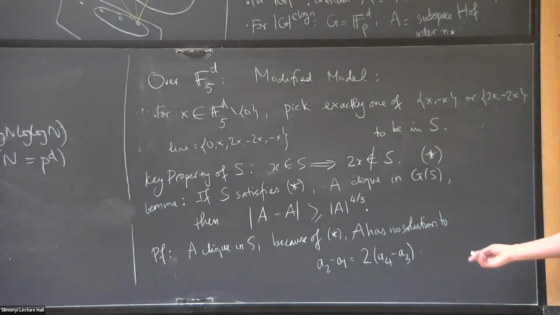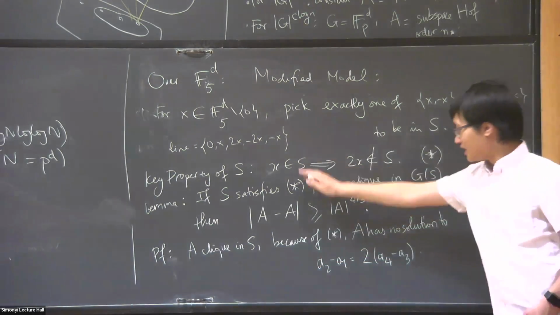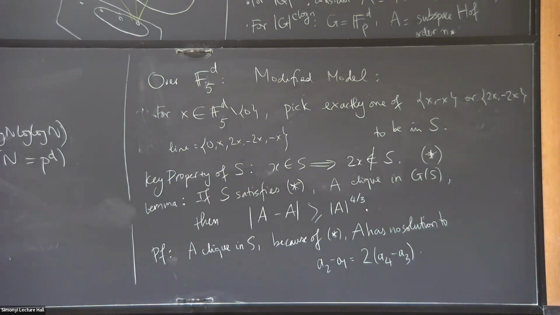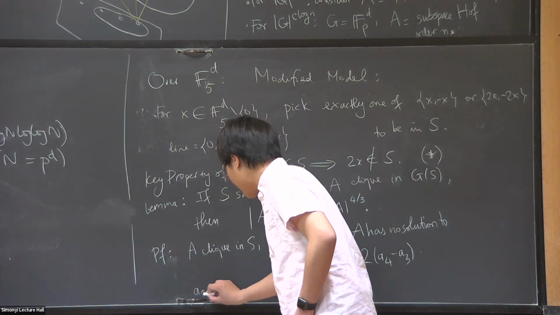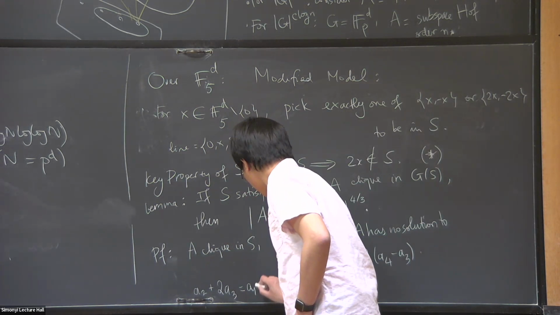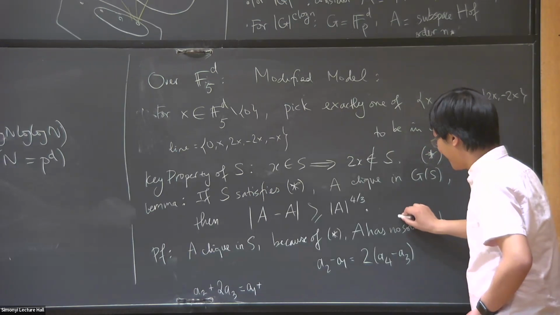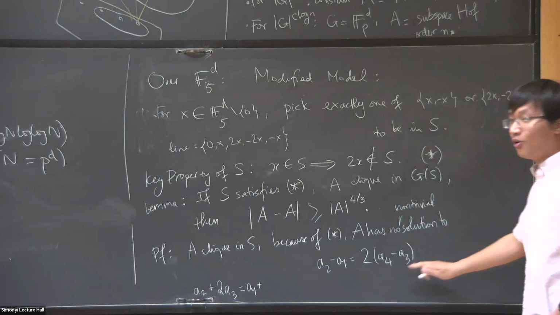This comes directly from the fact that A is a clique, and S satisfies the property that if x is in S, then 2x cannot be in S. So there cannot be any solution to this. We can rewrite this equation in a nicer way. Yes, no non-trivial solution, so with all different a_i.